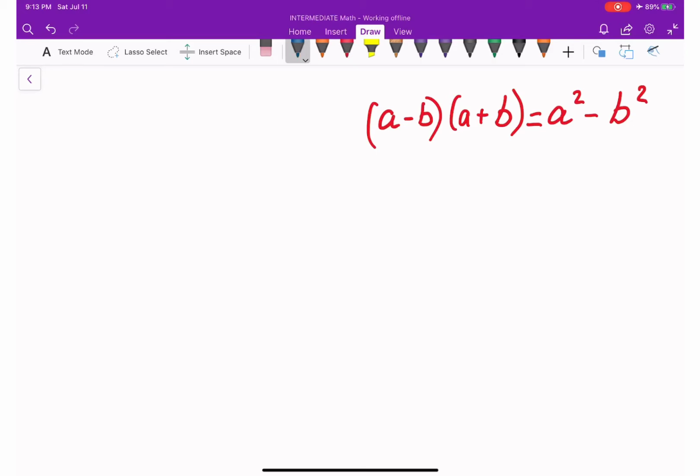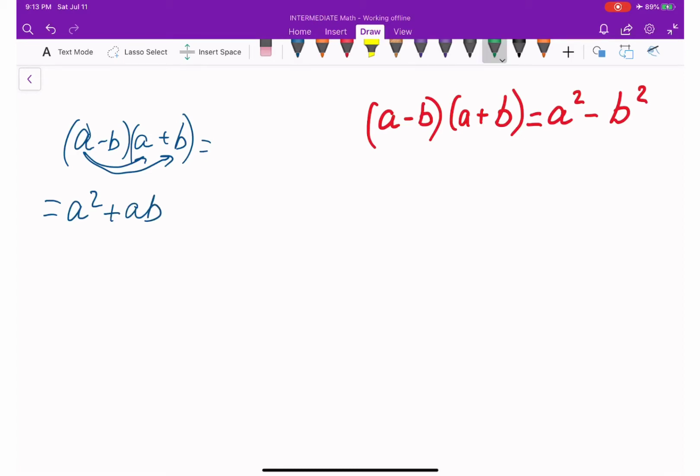If I do A minus B times A plus B, let's see. A times A, it's going to be A squared. A times B, it's going to be AB.